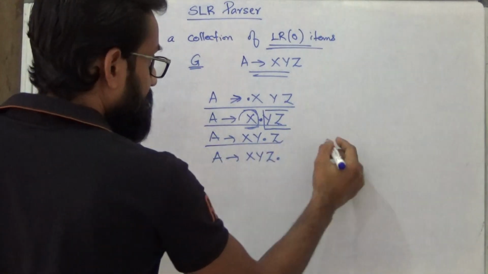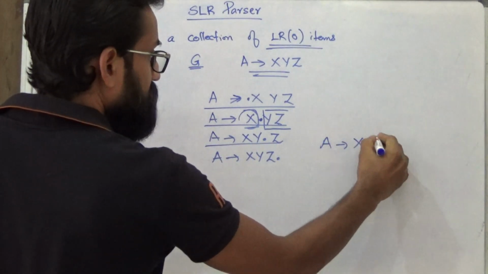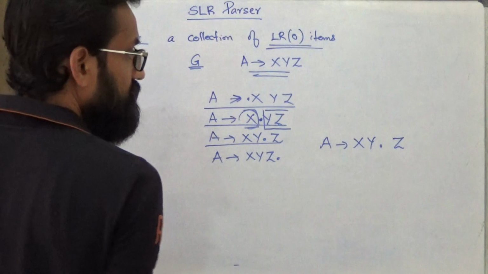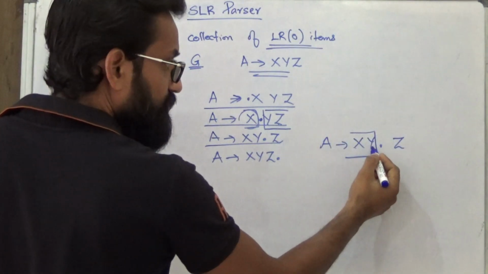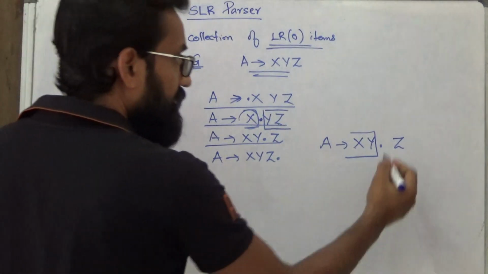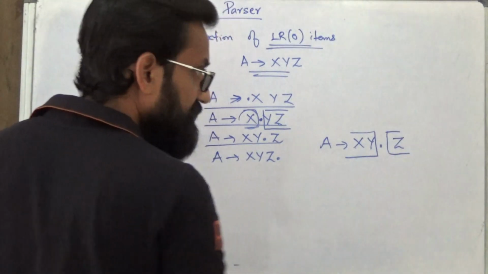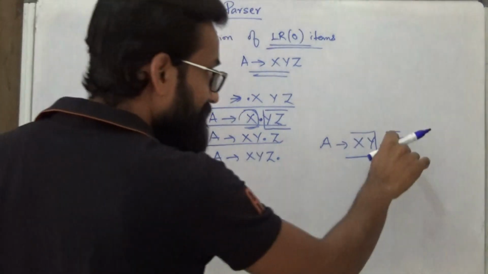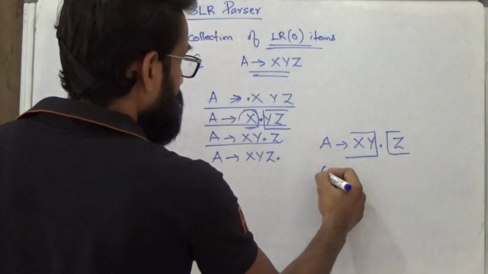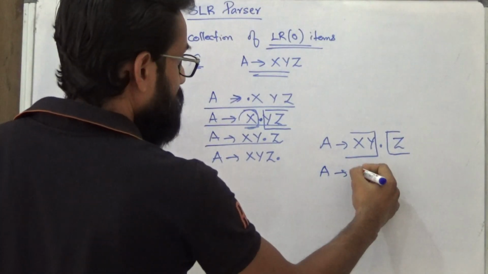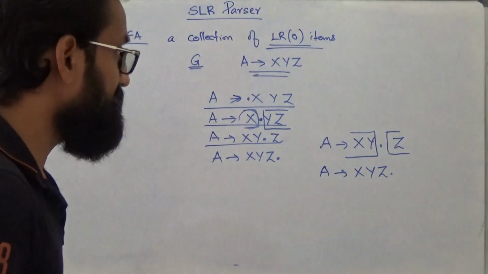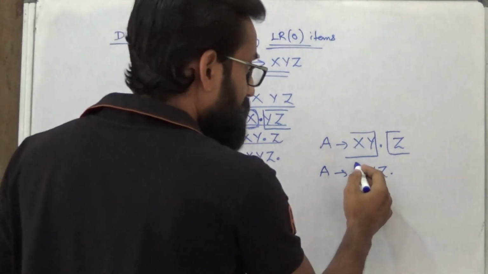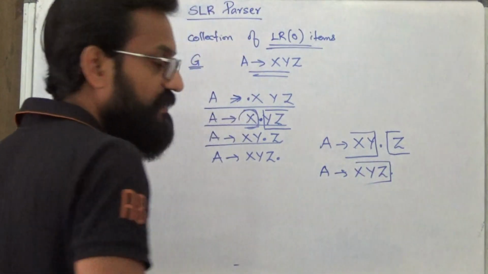Again, if I take this item, that is A giving XY dot Z, the parser has seen the string that is derivable from XY, and now the parser is expecting a string that is derivable from Z. If I am having the item A giving XYZ dot, it indicates that the parser has completed parsing the string derivable from XYZ.